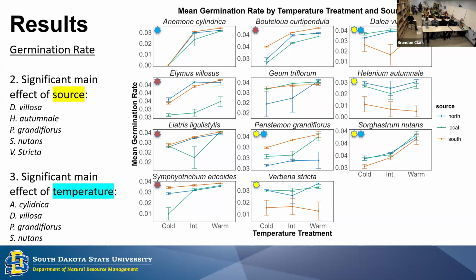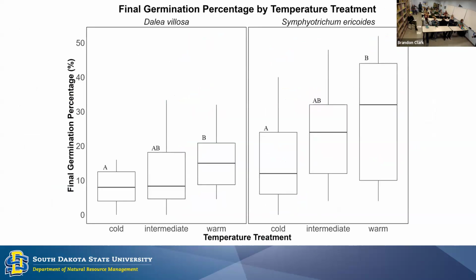So there were more species with main effects for germination rate than for final germination percentage, and final germination percentage had more species with significant interactions.